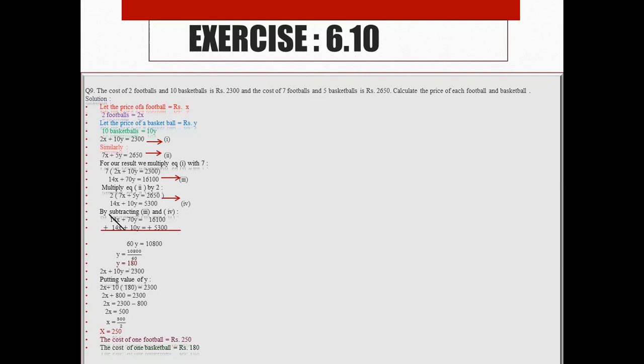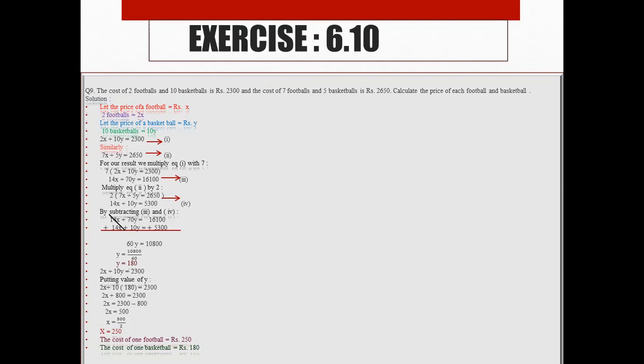So we multiply equation 1 with 7. 7 into 2x plus 10y is equal to 2300. When you multiply 7 with 2, 14x plus 70y is equal to, you multiply 2300 with 7, it will be 16100.